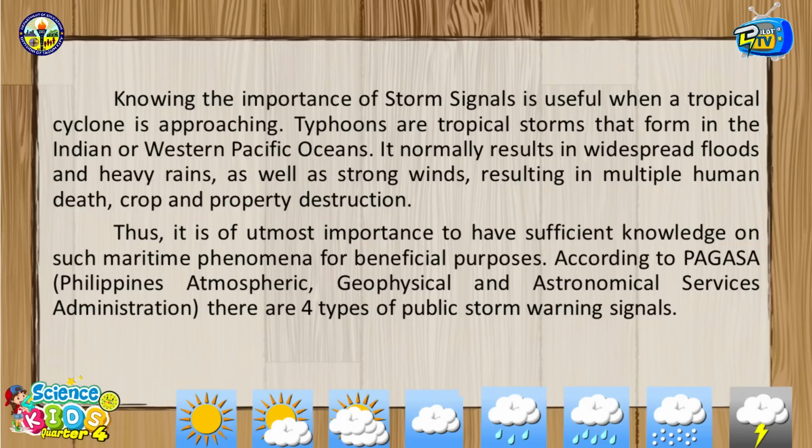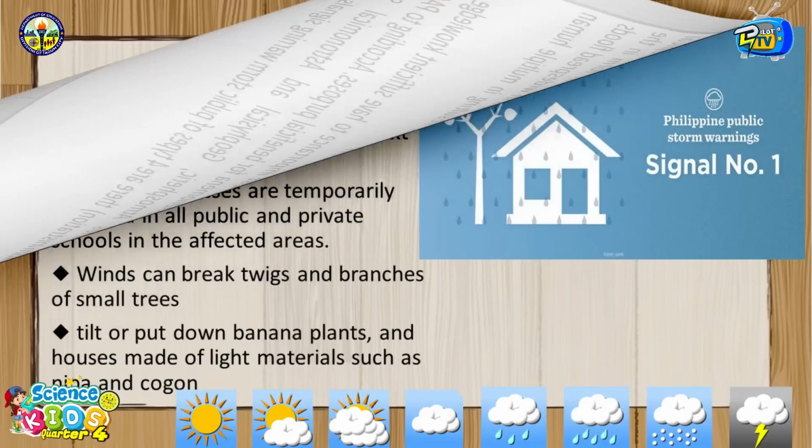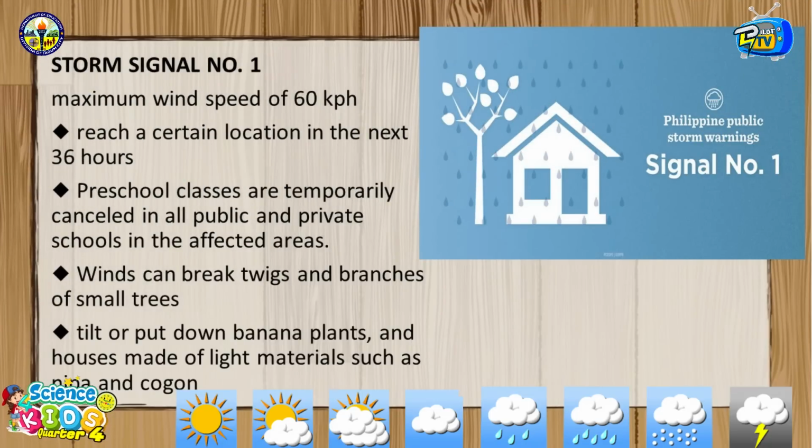According to PAG-ASA, the Philippine Atmospheric, Geophysical, and Astronomical Services Administration, there are 4 types of public storm warning signals. Storm signal number 1. Maximum wind speed of 60 km per hour, reaching a certain location in the next 36 hours.